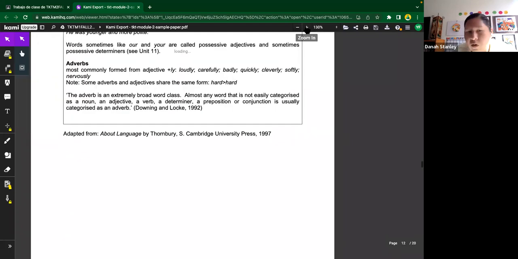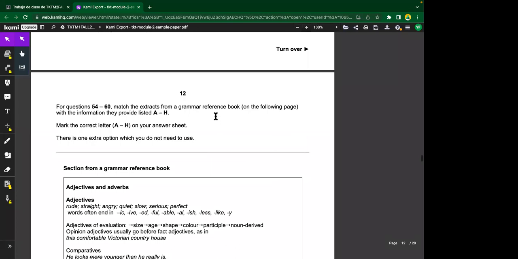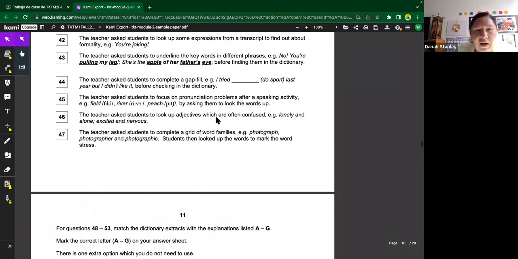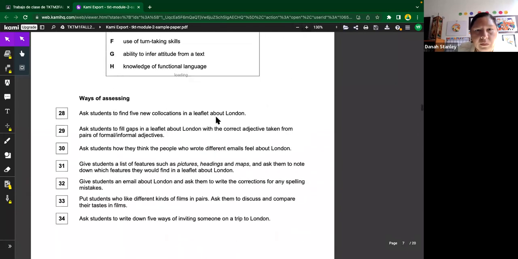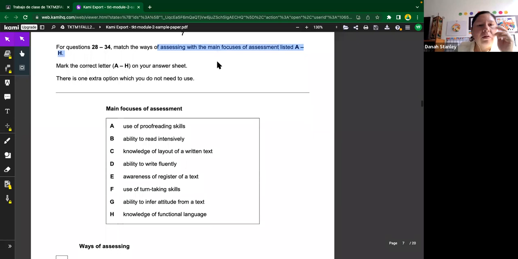Oh, there was no homework. I think it was 6 and 8. Let me just confirm. 7 and 8. Ah, sí, aquí está. 7 and 8. Okay. This is about assessment. Ah, pero les había dicho que assessment no, que era 8 and 9, ¿no? Bueno, ya vamos a hacer.